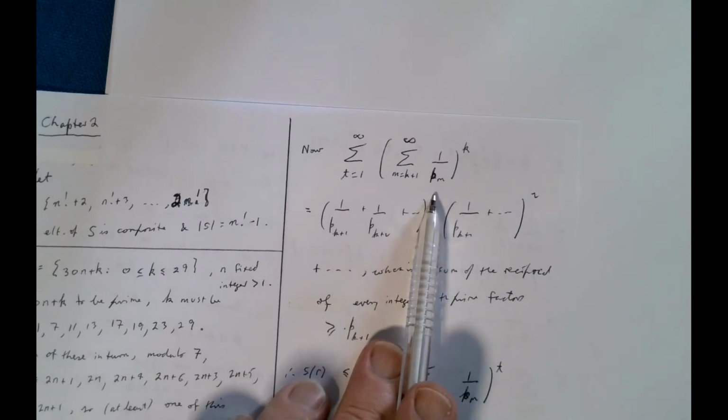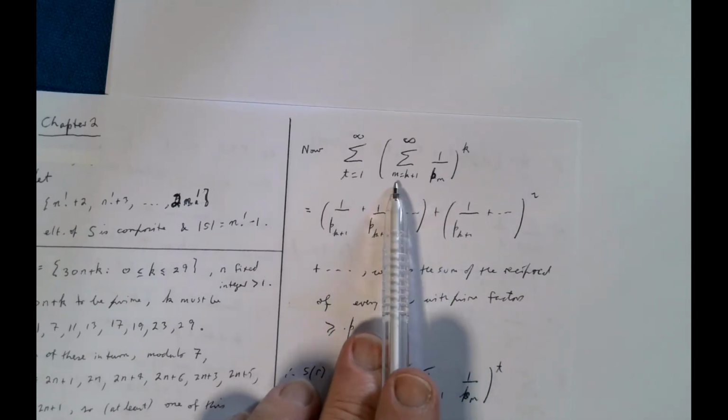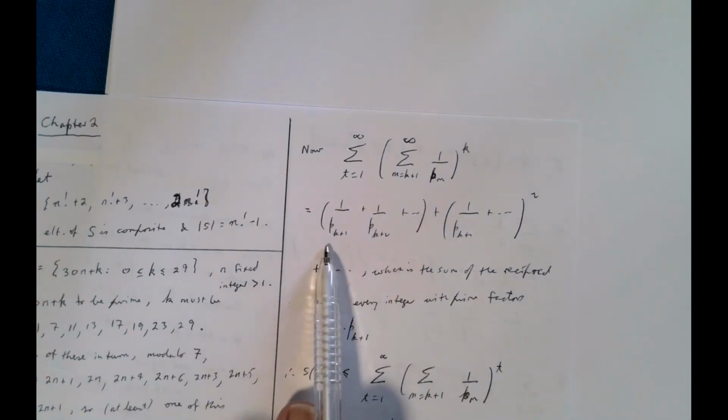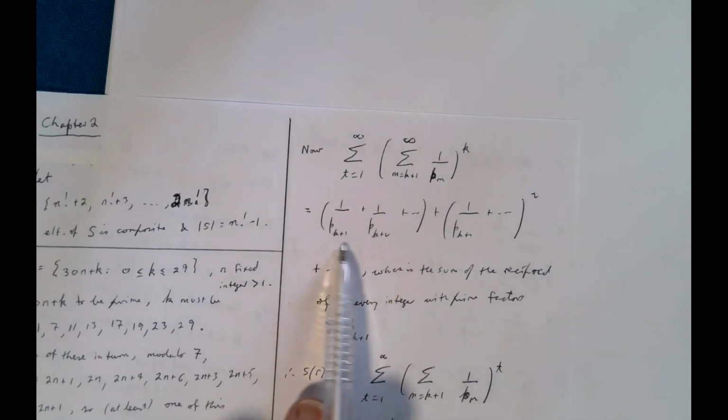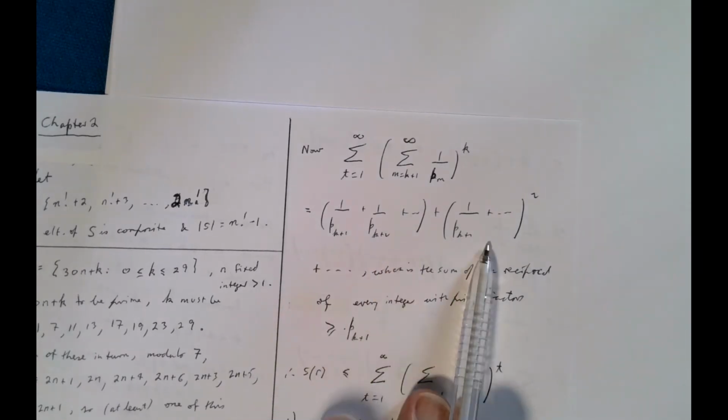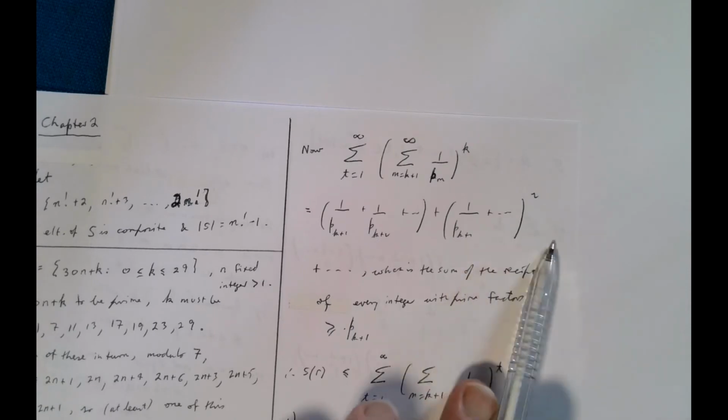Well, I simply write this out. So we put t as 1 in, then writing this sum, I get 1 over Pk plus 1 plus 1 over Pk plus 2 and so on forever. And then plus, I put t equals 2 in, I get this, and so on.